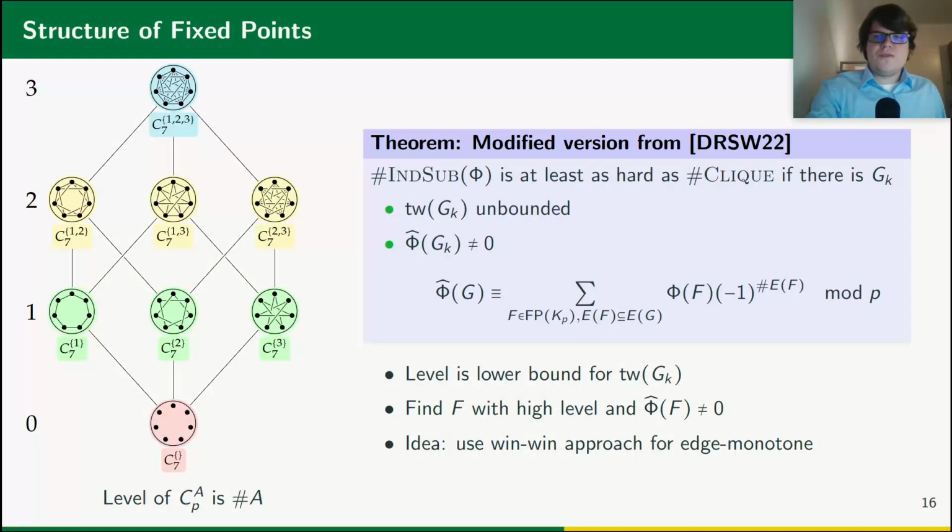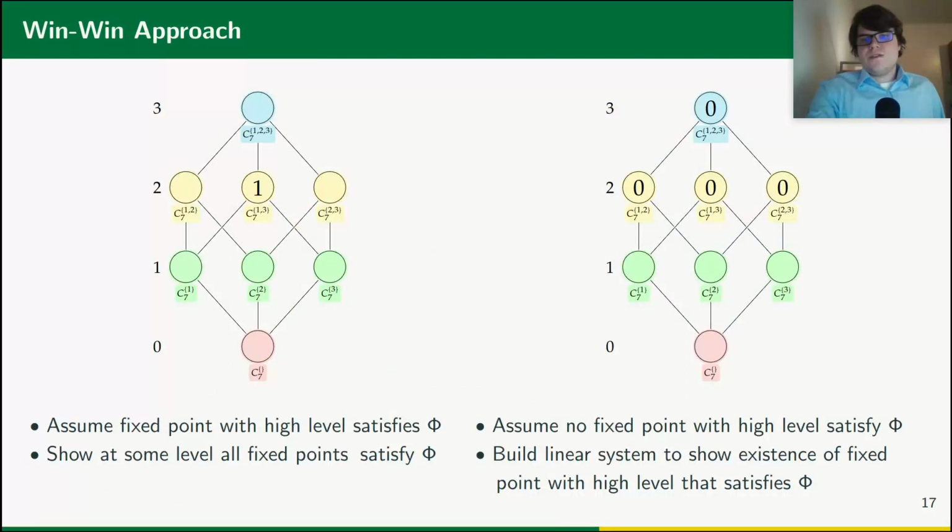And we will use the following win-win approach to actually solve this problem. In the first case, we assume that there is a fixed point of high level that satisfies phi, and we then show that at some specific level, all fixed points will satisfy phi.